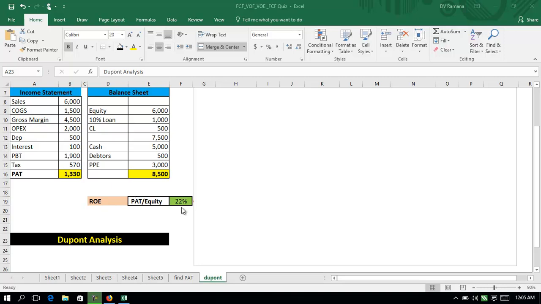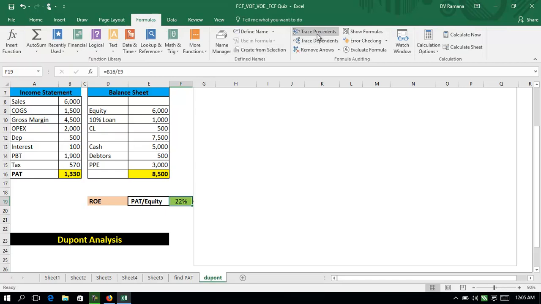So let us calculate the return on equity from the balance sheet and the income statement information. So in this case, the return on equity is equal to 22%, PAT by equity.